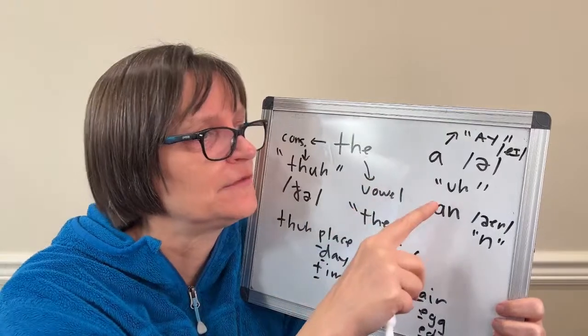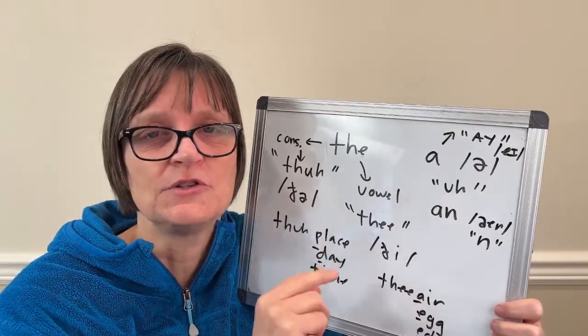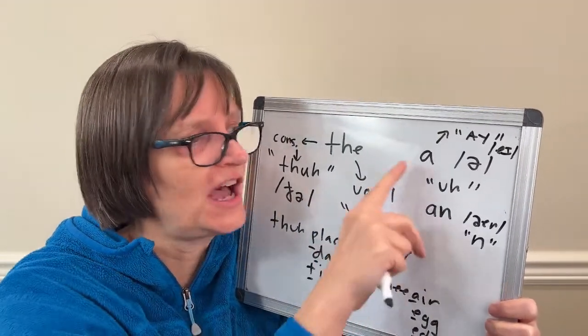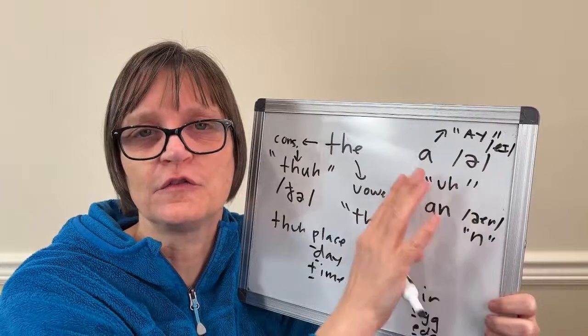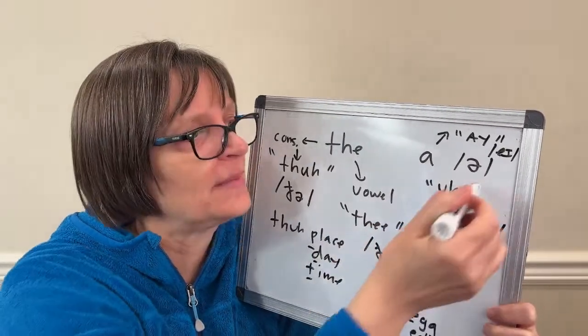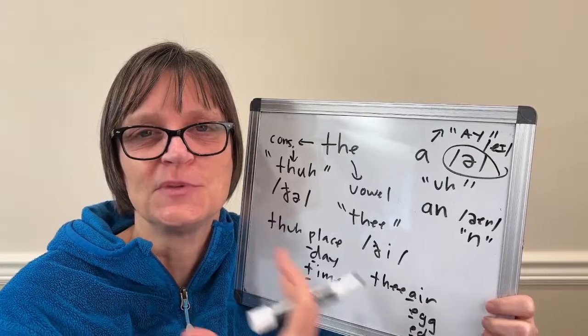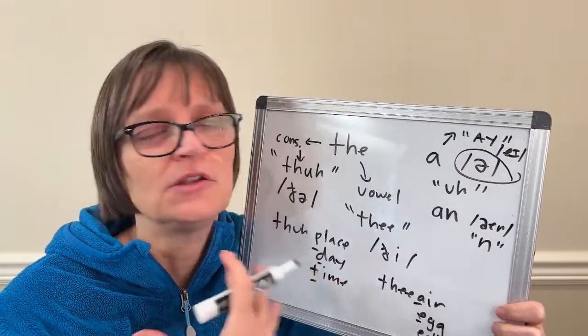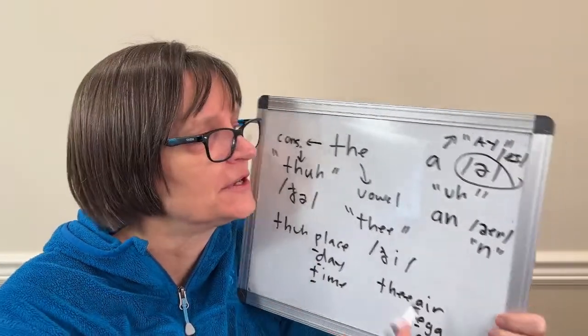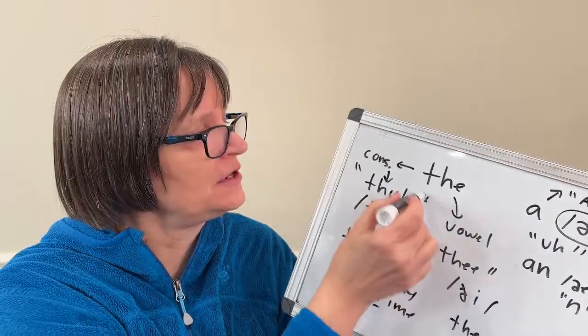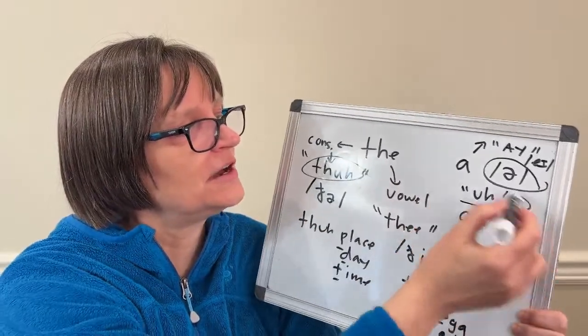I typically never use "ay." I always use "uh." There's no rule or pattern for using "ay," and I recommend using "uh" because if you use "ay," oftentimes your speech will sound accented, but you will hear native speakers use it sometimes. So typically, most common, you want to use "thuh" and "uh."